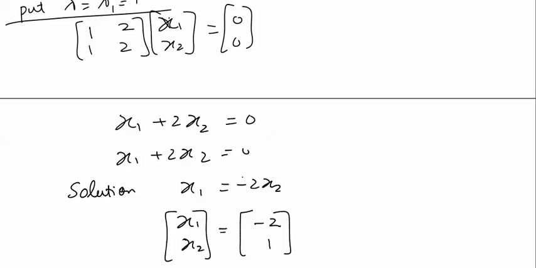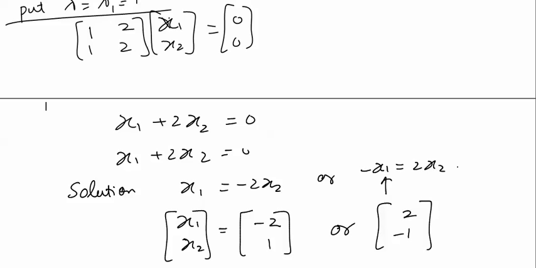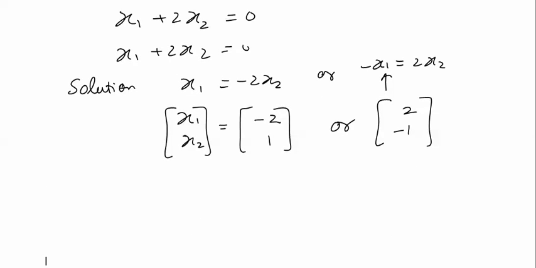You can also say minus x1 is equal to 2x2, so it is 2 and minus 1, which is available in option A. Hence your answer will be option A. So option A is the corresponding eigenvector. Clear? This is how you can find eigenvectors.